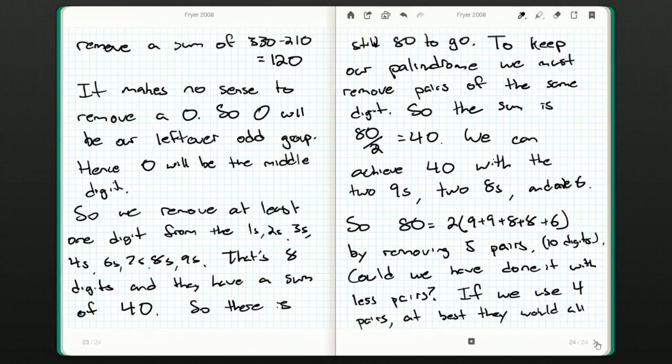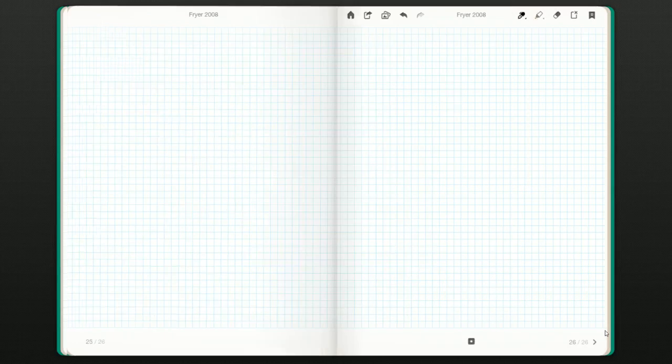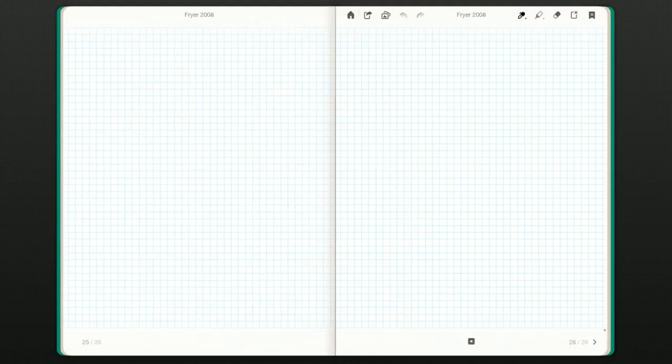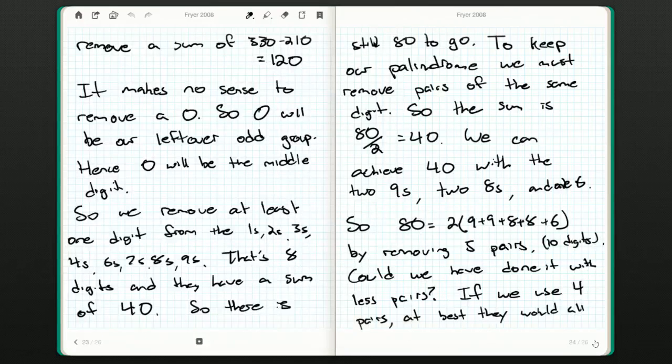So if we had 4 pairs, at best they would all be 9s. So pair of 9s, pair of 9s, pair of 9s, pair of 9s.